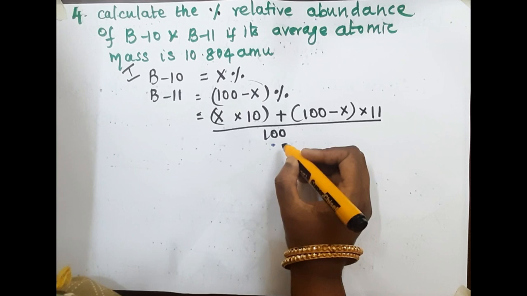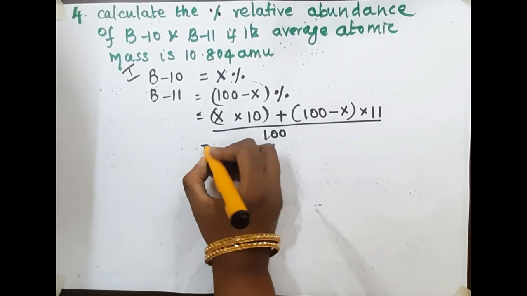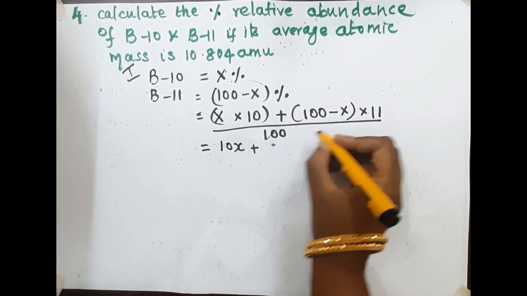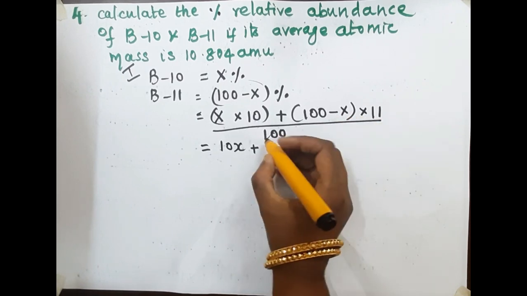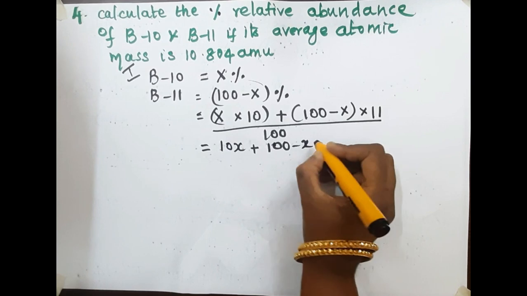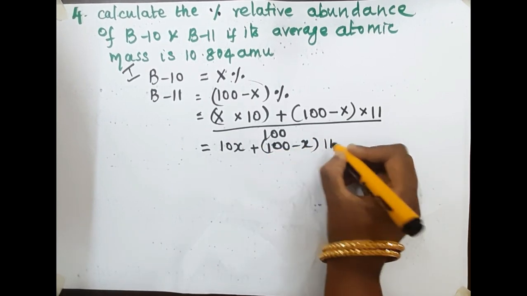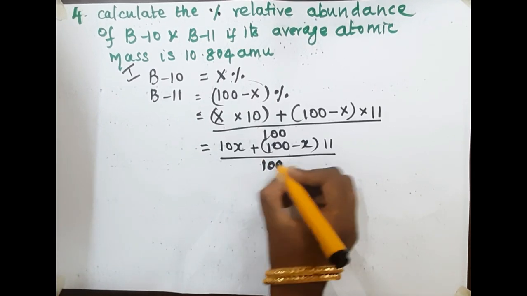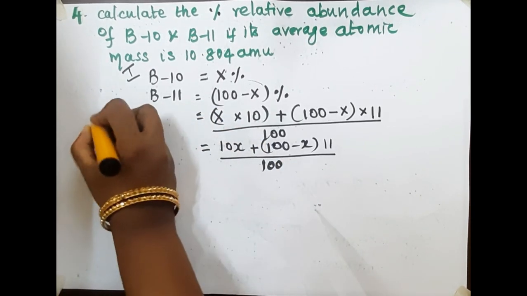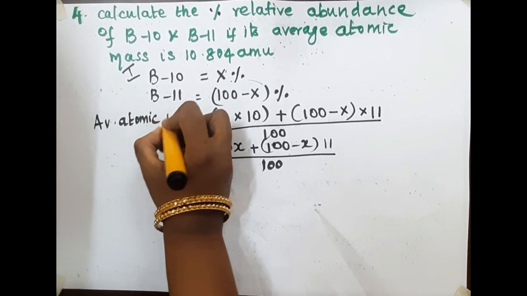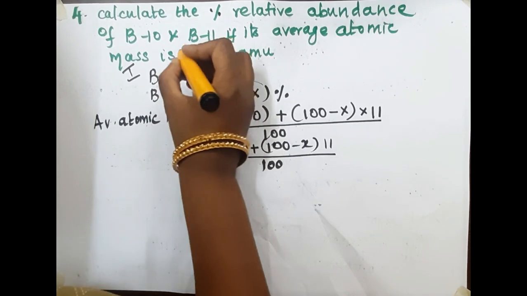Now children, see how I am bringing this equation. 10 into X is 10x, plus 100 minus X into 11 divided by 100. And what is the average atomic mass? It is given in the question. What is the value, children?